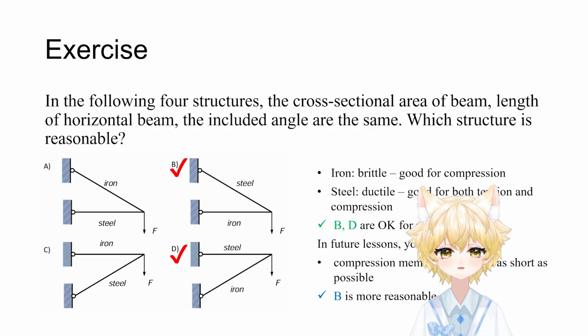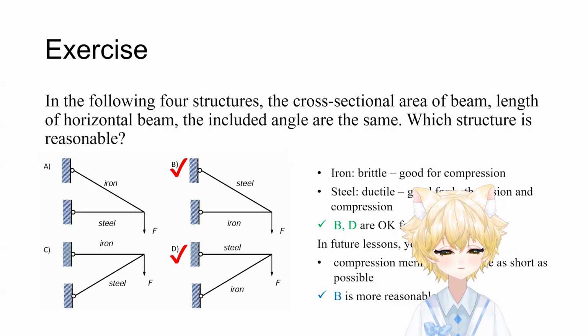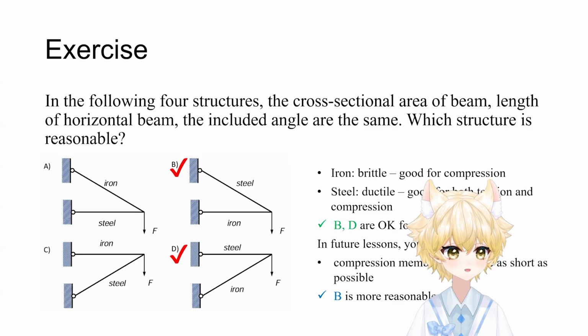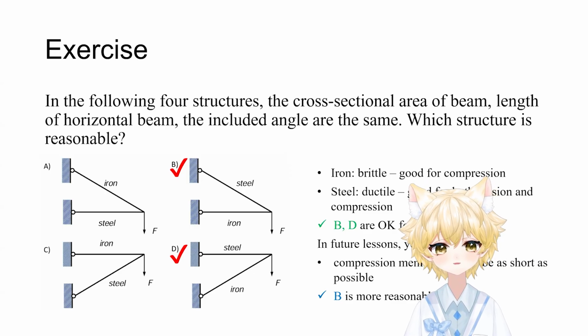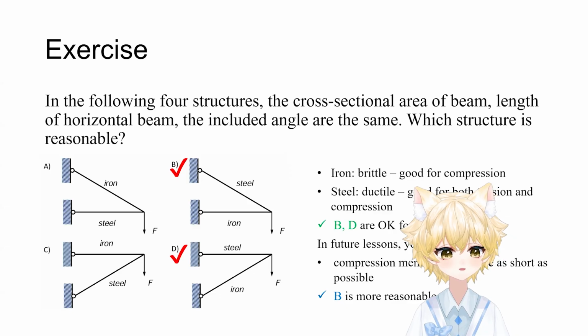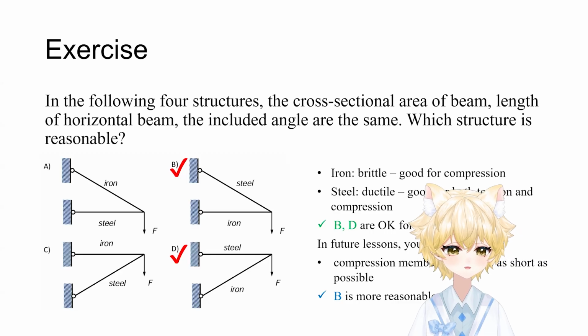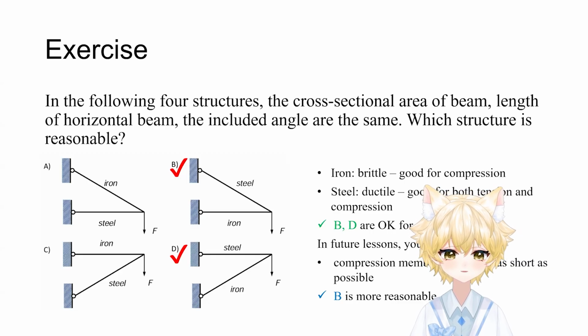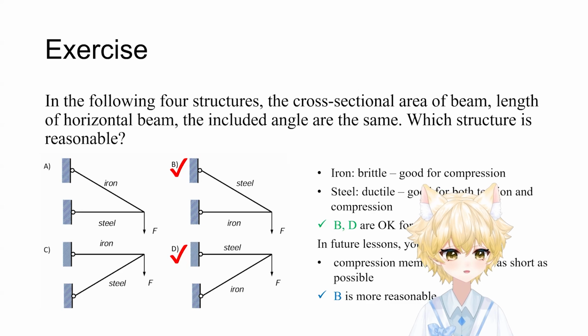Well, from the material behavior, we know 2 important facts. The cast iron is brittle and is best used under compression, right? The steel is ductile, as the steel performs well in both tension and compression. So when we examine those structures, we should assign materials based on the type of loading in each member.